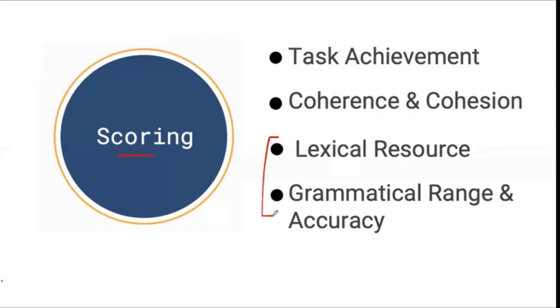So for lexical resource, you'll have to make sure that your essay is virtually error-free and that you used a wide range of vocabulary in a natural and formal way. So it's not asking you to include at least 20 phrasal verbs, for example.